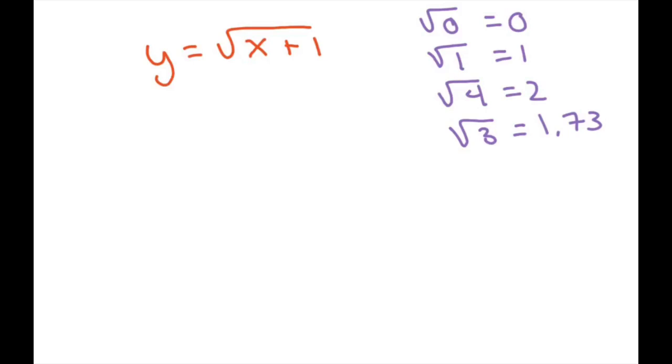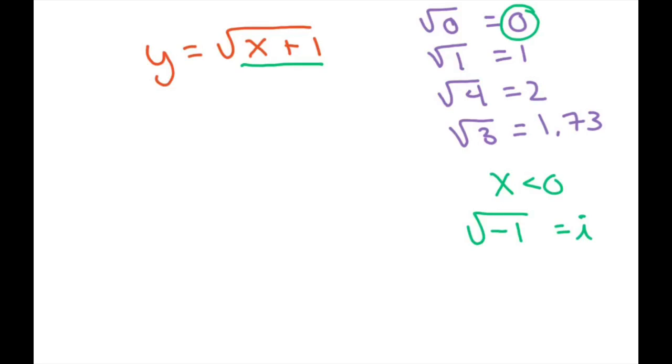But what we can't do when we're talking about the domain with real numbers is that x can't be less than 0. For example, if I put negative 1 in there, that's a complex number, i. So we can't use that. So this quantity inside here has to be greater than or equal to 0.